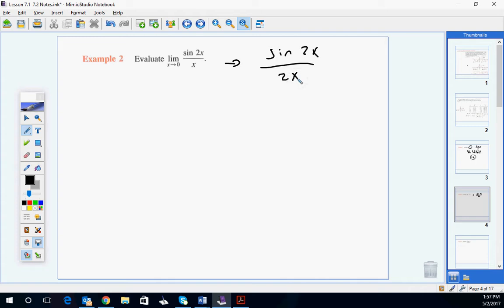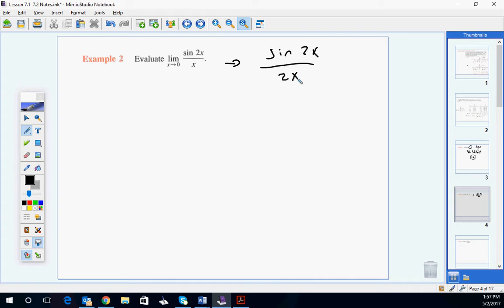So how can I make that sine over 2x? Yes, we want to put a 2 in here.